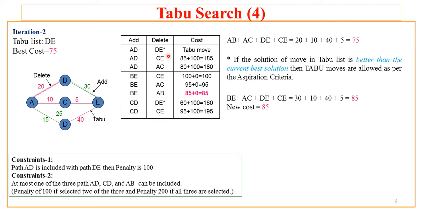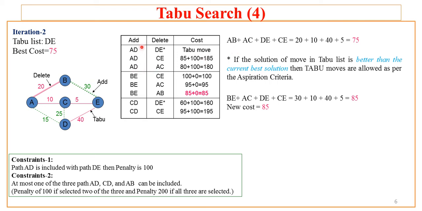Now do remember here that DE is now a taboo. Why? Because we have considered that DE, which is the new path added to the original solution. So here that is put in the taboo list. Now as we have seen that all the taboo moves which will give better solution can be added in the current solution. So we'll try to do that thing.